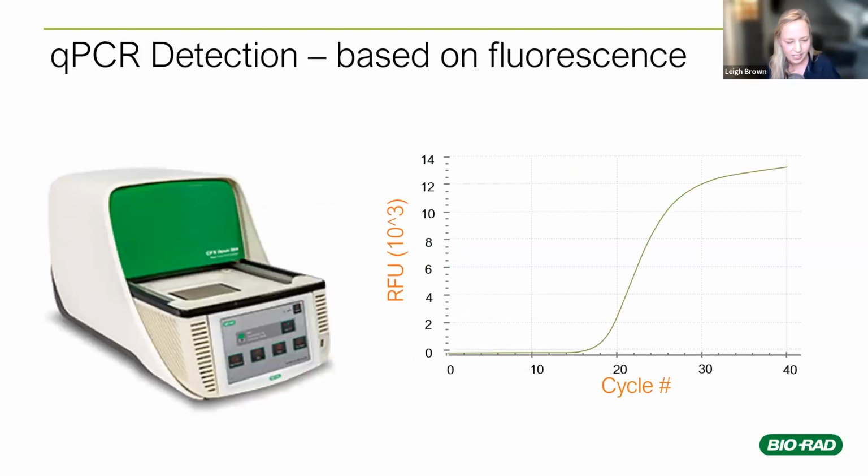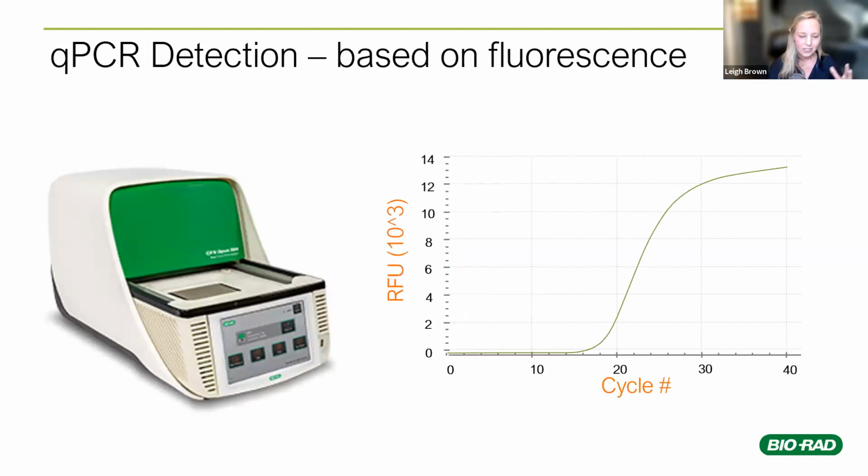So real-time PCR gets its name because instead of running to an endpoint and then running a gel, the detection of that DNA is performed on the machine itself, right? On the real-time instrument after each PCR cycle. The DNA isn't directly visible to the real-time PCR system, but instead relies on fluorescent markers, and we'll talk about that in a minute.